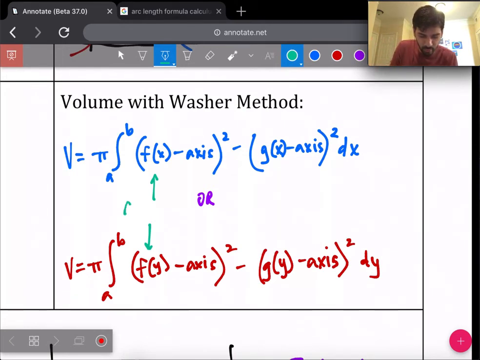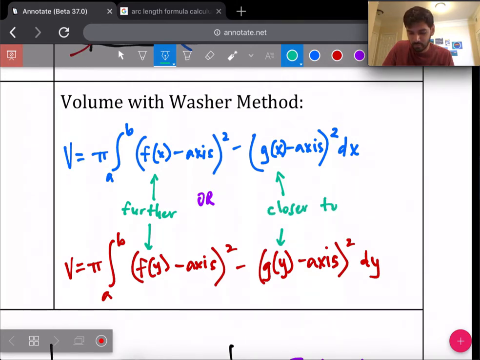So I'll put the word further, whether it's in terms of x or in terms of y. The first function you put minus the axis is always the one that's further away. And the second one, g, is the one that's closer to the axis. Okay, so that's what I'll put there, just so there's a lot of clarity in these formulas and when to use them.